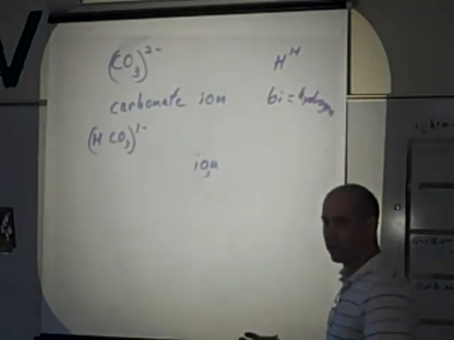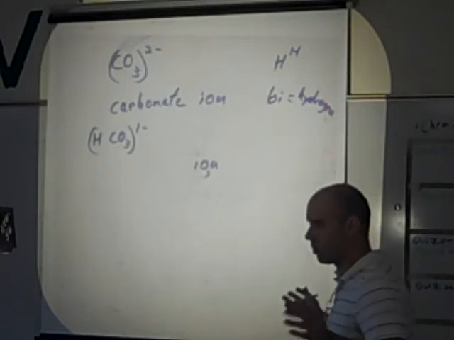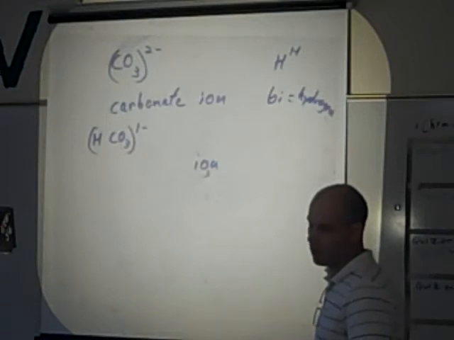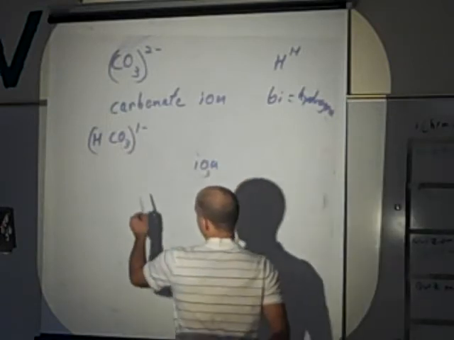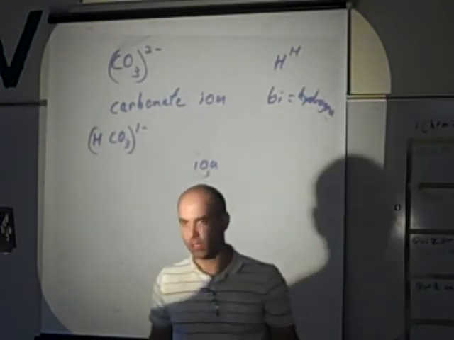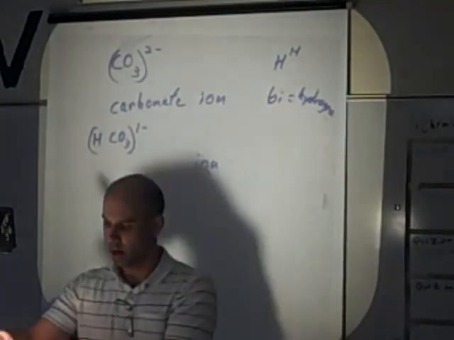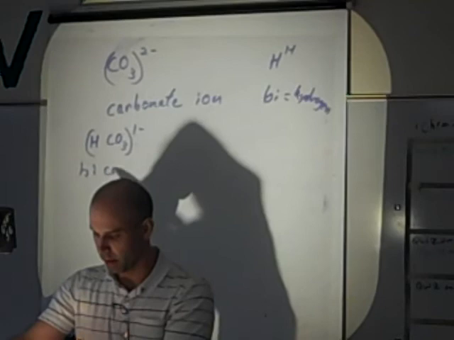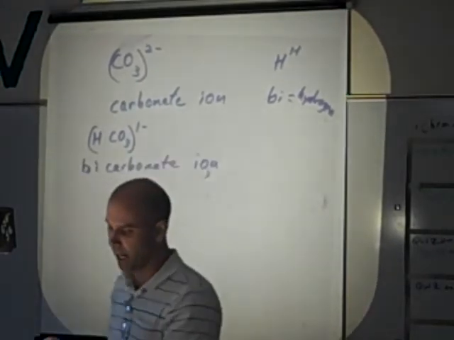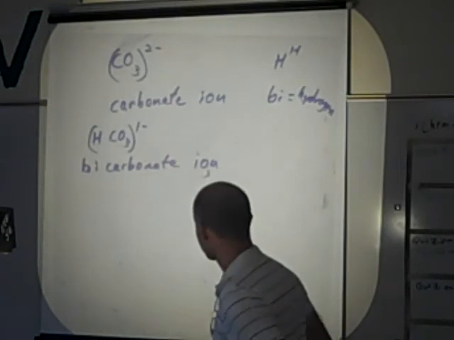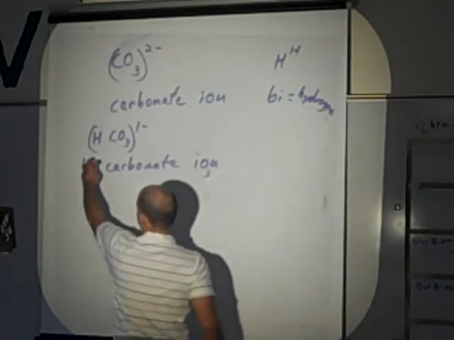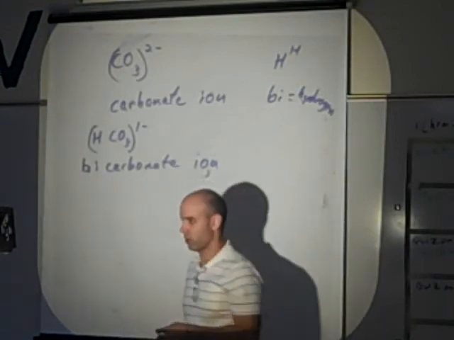So when he named this, he didn't call it hydrogen carbonate. He called it bicarbonate. So this is a bicarbonate ion. The bi refers to the hydrogen.